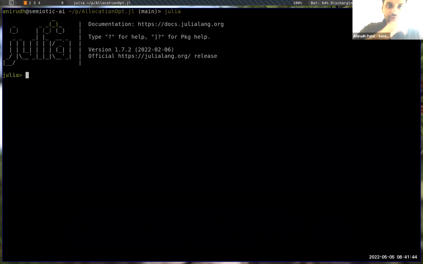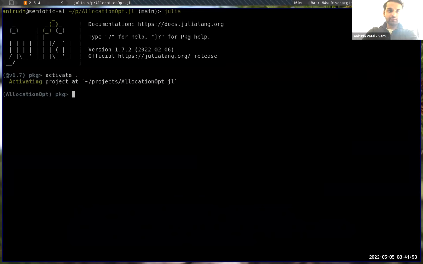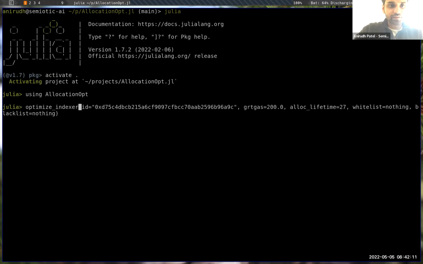All you have to do is open up the Julia REPL from the project root, so you can see I'm in allocationopt.jl. You activate the environment, so that loads all of the packages that we're using. And then you say using AllocationOpt, which is the package. And then the function that we expose is just optimize indexer. I'll just use one that I've run in the past for sake of demonstration. But that's pretty much it.